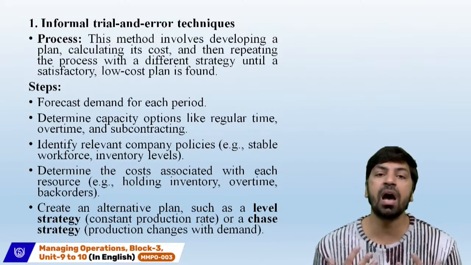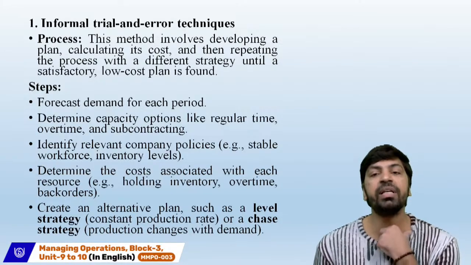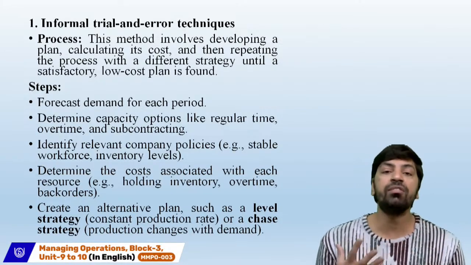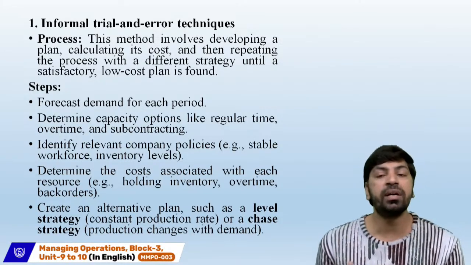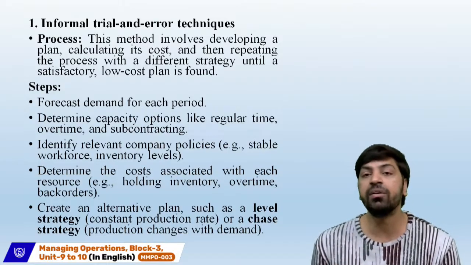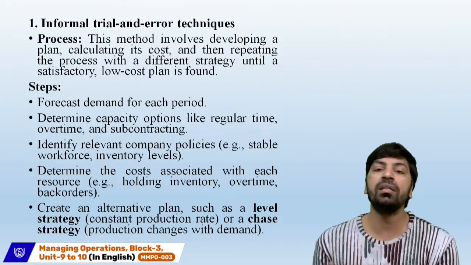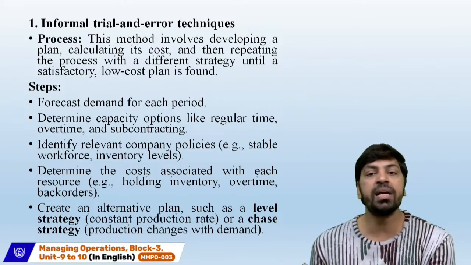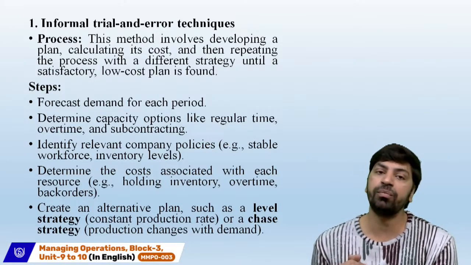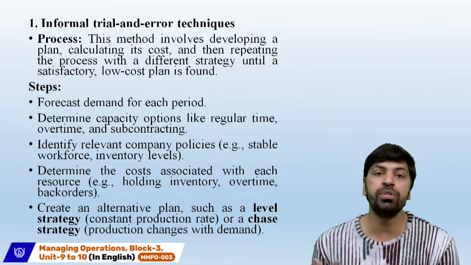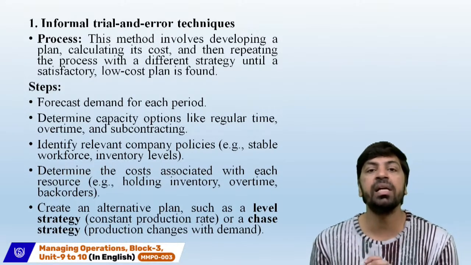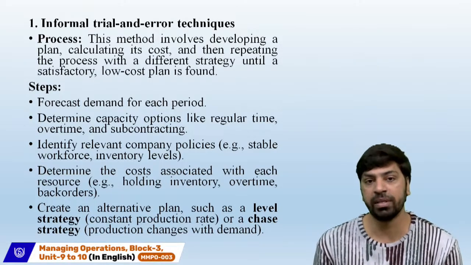So this is how we need to identify the relevant capacity. It could be the workforce, the inventory, the technology, or any other enterprises or technologies that could be adopted or used to find the most appropriate capacity and company policies involved in it.